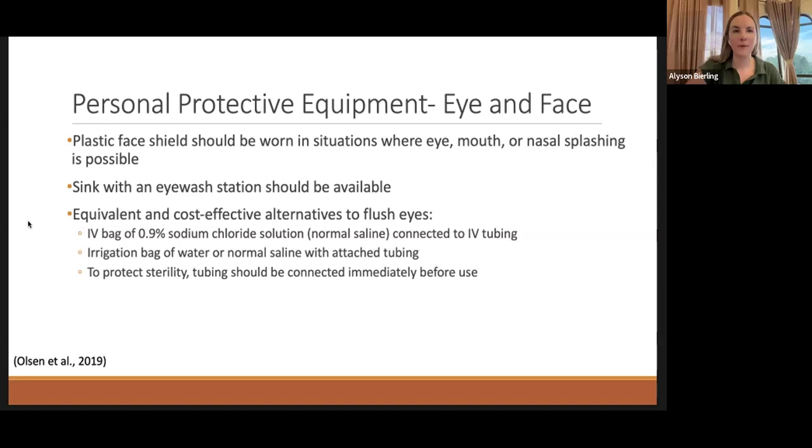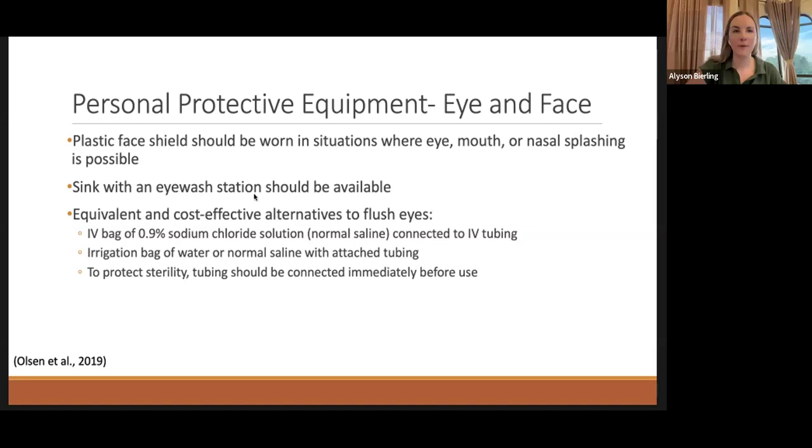In those situations, we would want to be wearing goggles or a plastic face shield. And then if there is exposure to the eye, we want to be using an eye wash to flush the eyes right away.